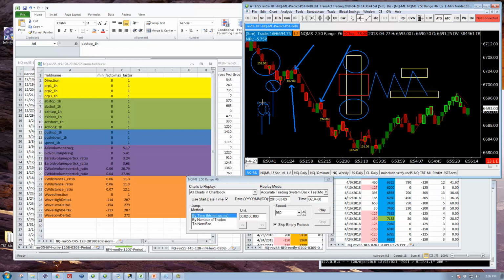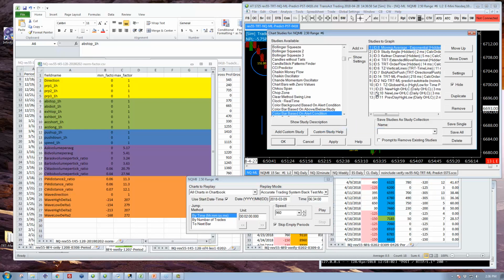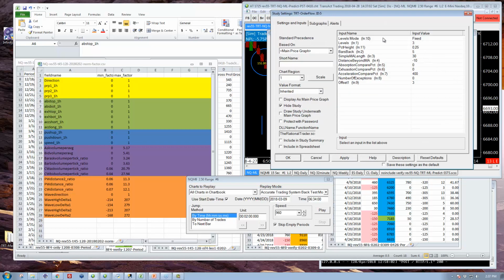Okay, so to deal with that, I updated that study some time ago such that you supply a percentage value instead of a number of price levels value. And so when you look in here, TRT order flow, it says levels mode, fixed or percentage.